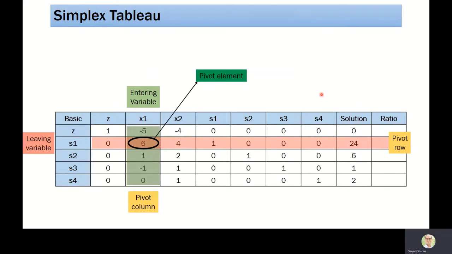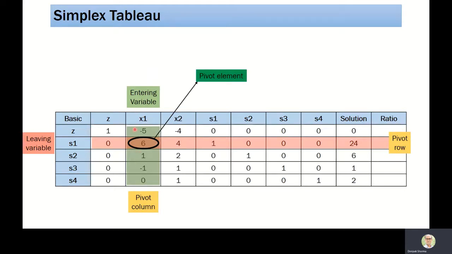Now, the operations which we have done: we have identified the entering variable X1, and we have identified the leaving variable S1. The column corresponding to the entering variable is called the pivot column, and the row corresponding to the leaving variable is called the pivot row.